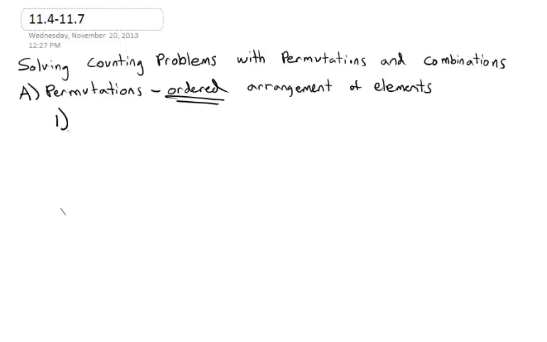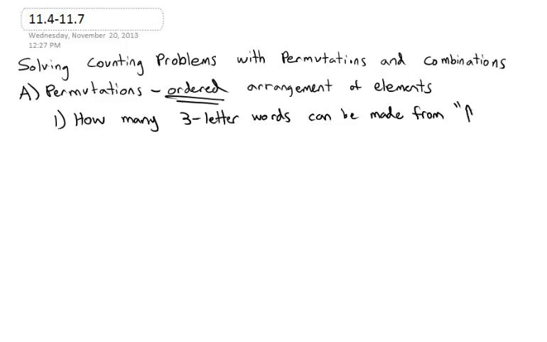So, for example, we could ask maybe how many three-letter words can be made from the word math by rearranging these letters. And not real words. You've got M-A-T, M-A-H, M-T-H. How many different combinations can we come up with?